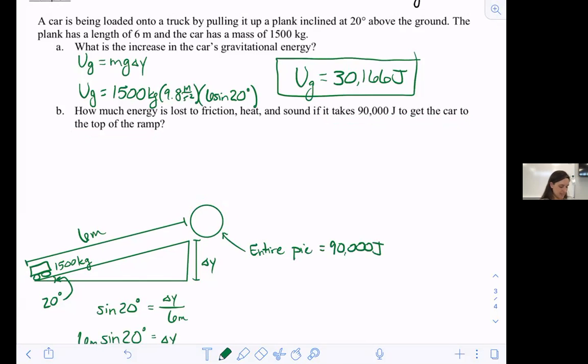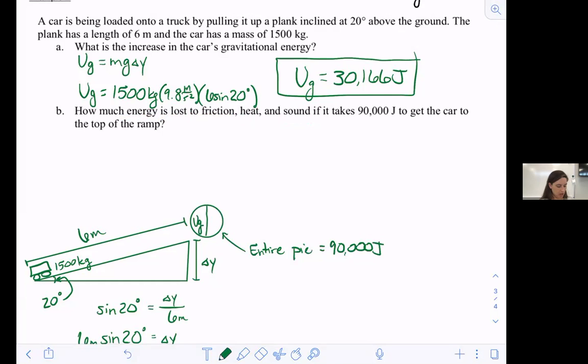So what is inside of that pie? Well, we definitely know that some of the pie, that was a terrible line. Some of the pie is gravitational energy, right? At least 30,000 joules of it, for sure. What else would be in there? Well, probably some energy loss to heat, light, and sound, considering that's what they're asking me to find.